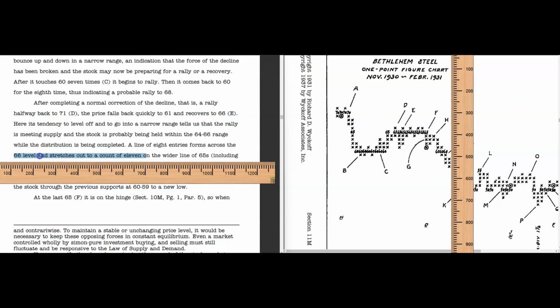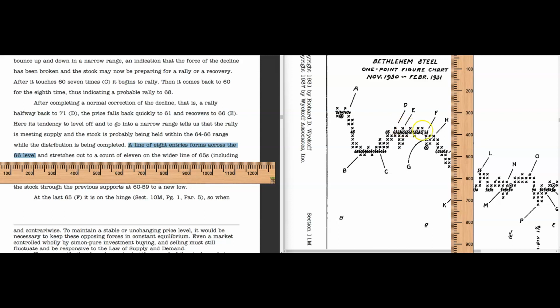No, hold on. The line of 8 forms across the 66 level. All right, so the 66 level is here, and it's these x's: 1, 2, 3, 4, 5, 6, 7, 8. You have to count the spaces. Okay, so from the resistance level here, you see at D, the count is 8 only when you count the spaces. What does that mean?